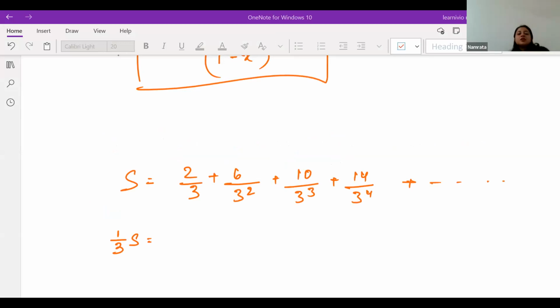So what we do, we multiply with the common ratio both sides, and directly apply the formula.